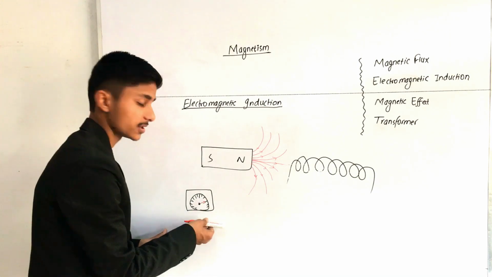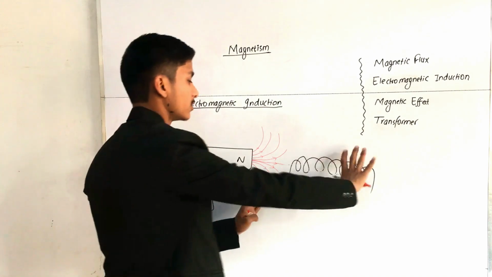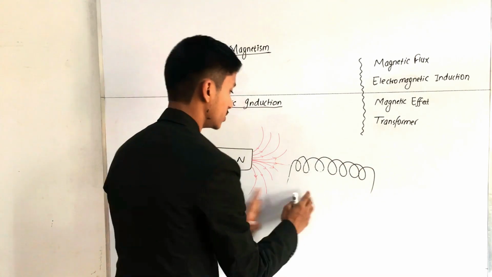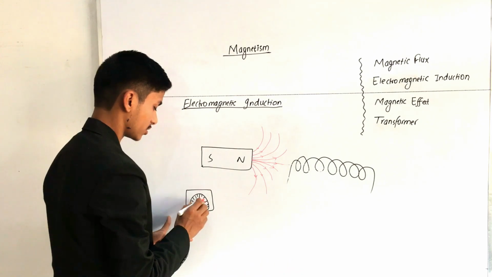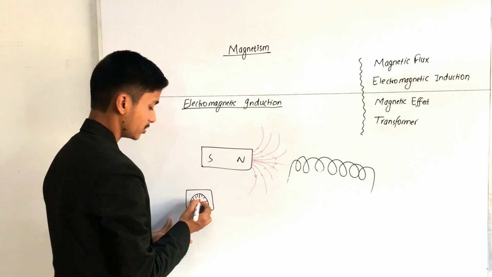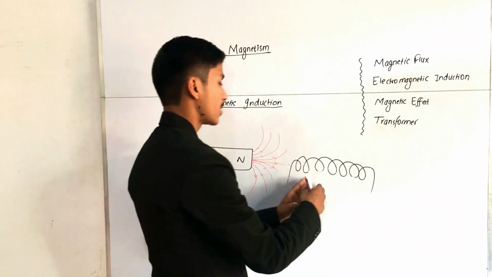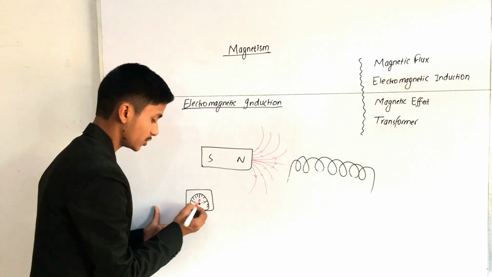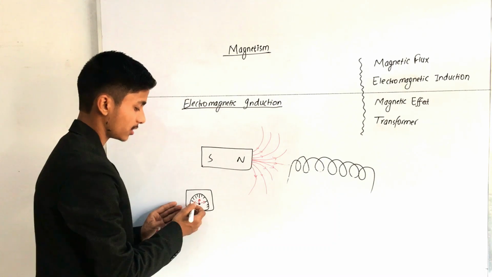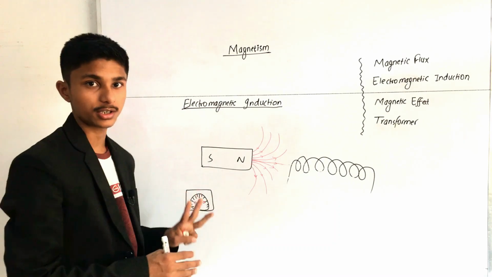It increases. When the coil is kept at rest, the galvanometer shows the center, the middle. When this coil is moved away from the magnet, it goes in the opposite direction. It shows three directions.